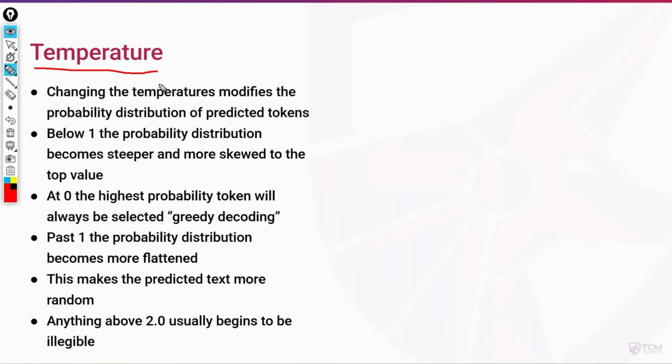What temperature does is it modifies the probability distribution of the predicted tokens. If you recall back to the last section, actually, really anytime we've been talking about neural networks, our output layer is a set of neurons that represent probabilities of what the model is predicting. In an LLM, those are tokens, and it gives probabilities to all of those neurons assigned with a token, of how likely it thinks that token should be the next one predicted.